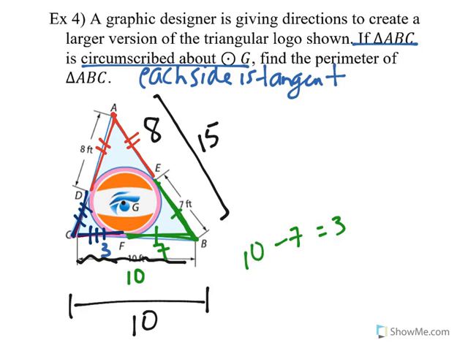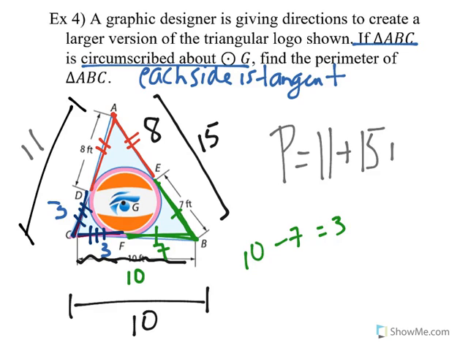If CF is 3, that's congruent to CD, which is also 3, which tells me my entire last side, which I'll put in gray, has to be 3 plus 8, which is 11. So my perimeter is going to be 11 plus 15 plus 10. If you do that math, we get 26 plus 10, so our perimeter is 36 feet.